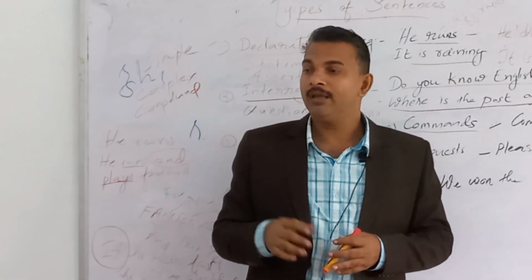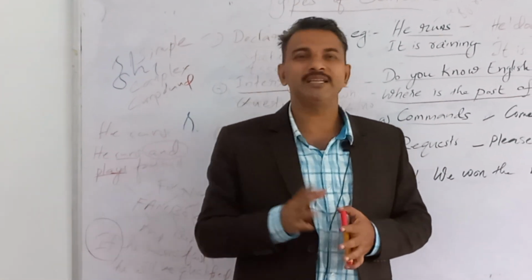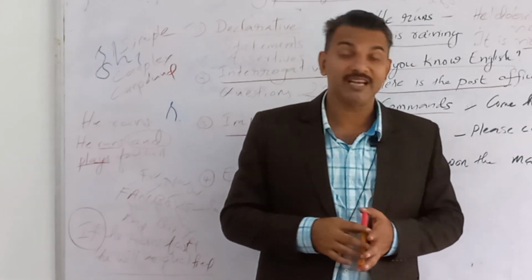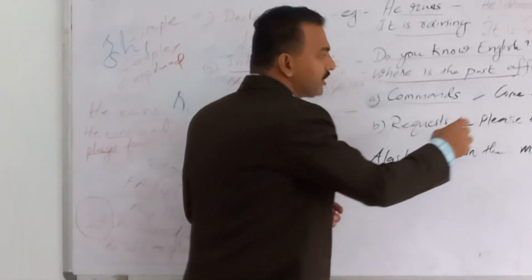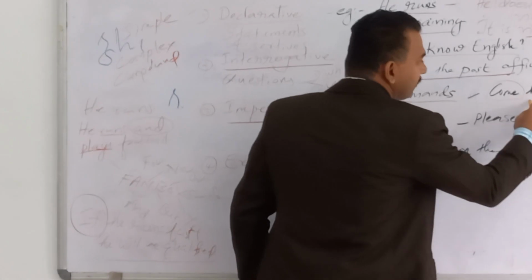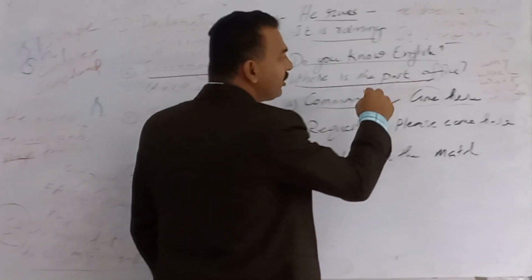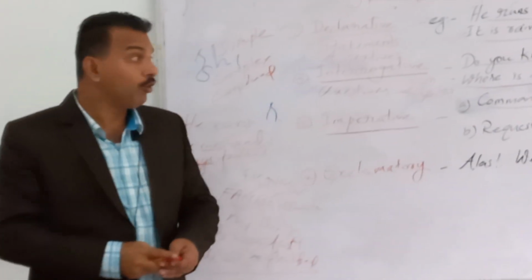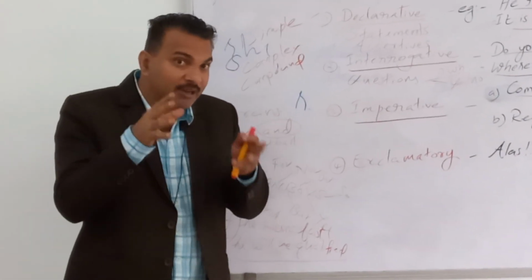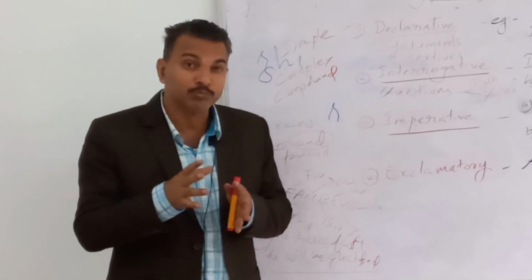Remember, in imperative sentences, the subject is not written, the subject is understood. For example, here there is no subject, only the verb is there. Here this is an adverb, and here the subject is you, which is not written. We omit the subject to give imperative mood. It is known as imperative mood.